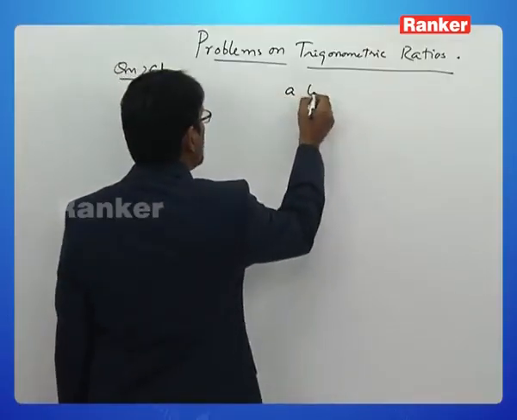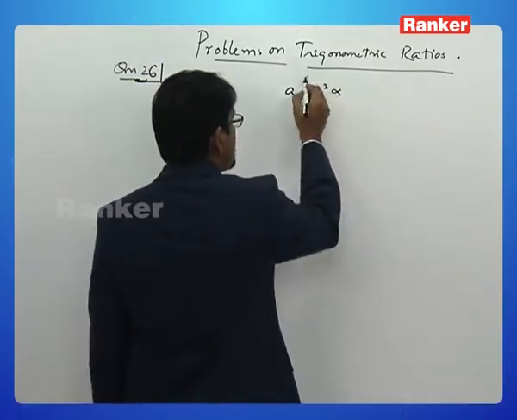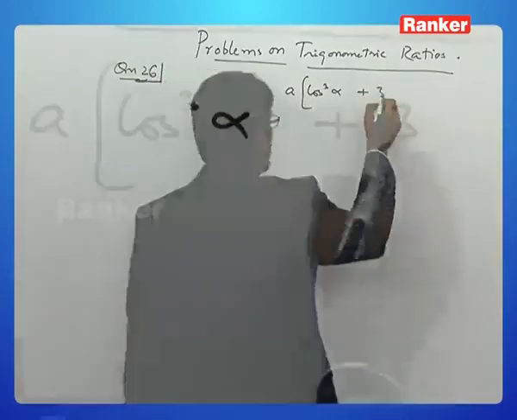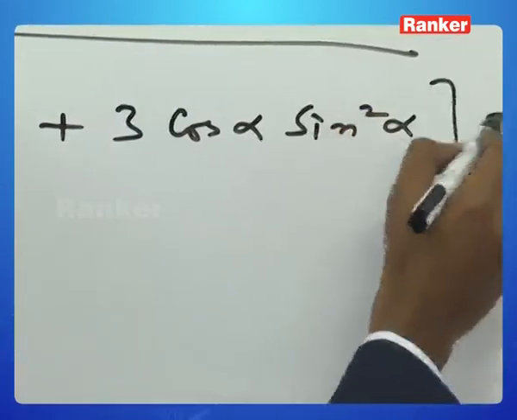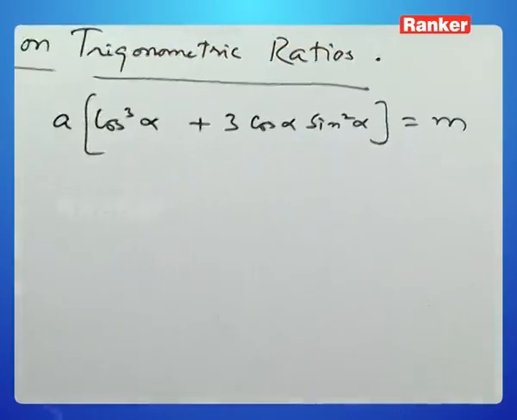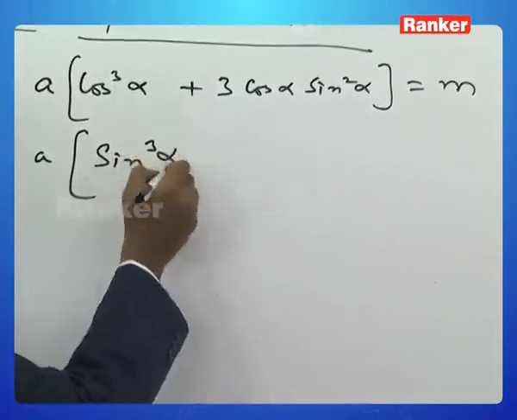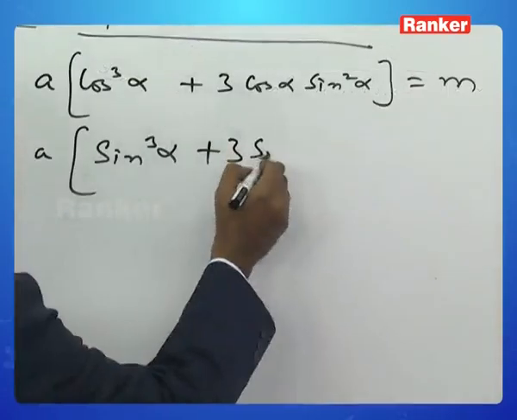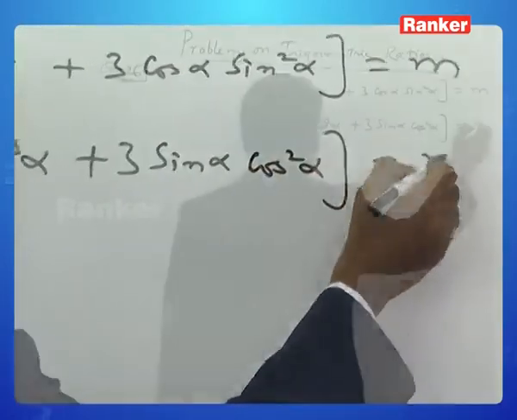A into cos cube alpha plus, we will take out a common, plus 3 cos alpha into sin square alpha is equal to m. The next information given is a into sin cube alpha plus 3 times sin alpha into cos square alpha is equal to n.